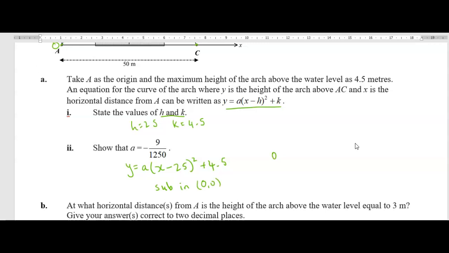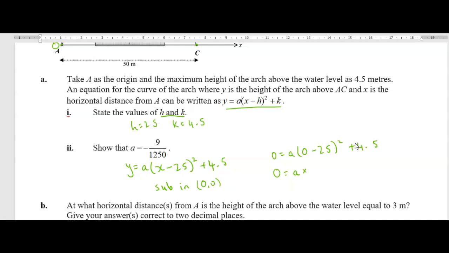So we're going to have 0 equals A(0 minus 25) squared plus 4.5. Let's tidy things up a little bit. We're going to have A times negative 25 squared. 25 squared, I'm just doing it on the calculator beside me, is 625.